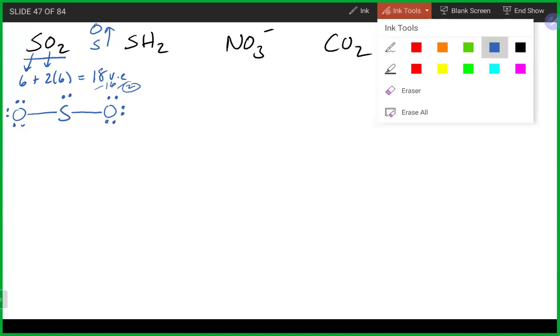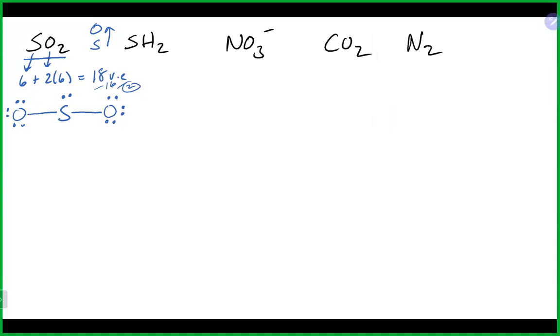Once again here, both oxygens are identical to each other, so you really could double bond it up whichever side you like. Remember that when we are making the double bond, we're going to take a pair of electrons and bring them in to do so. And that will get us a structure that looks like this with a double bond there on the right, a single bond on the left.